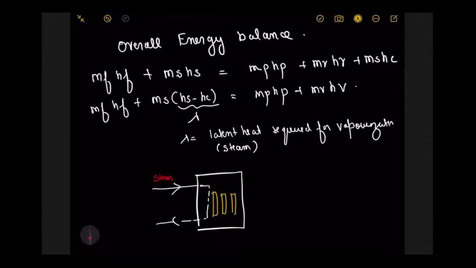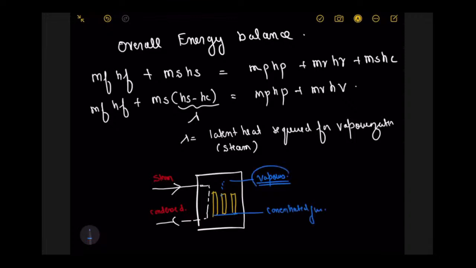When the steam loses its latent heat, it will condense. And in the tubes, in this yellow color, vapors will be generated, and at the bottom you have a concentrated juice.